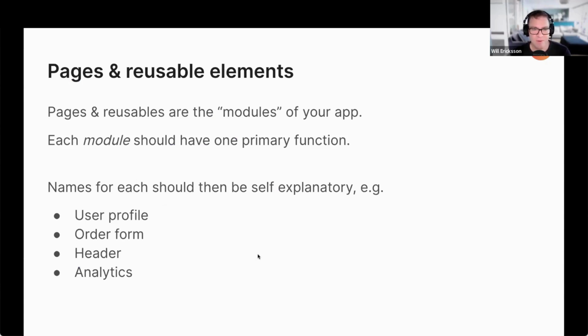Pages and reusable elements. Think of pages and reusable elements as the modules of your app. Each module should have one primary function, and the names for each should be self-explanatory. For example, user profile, order form, header, analytics.